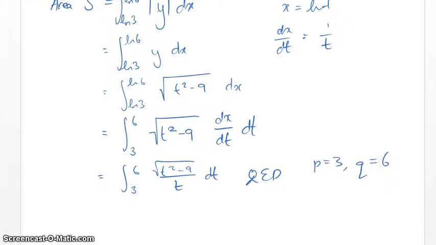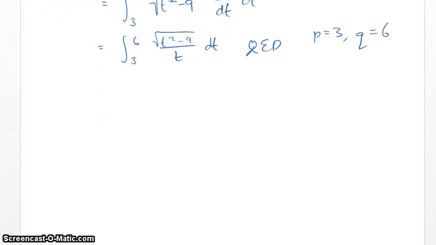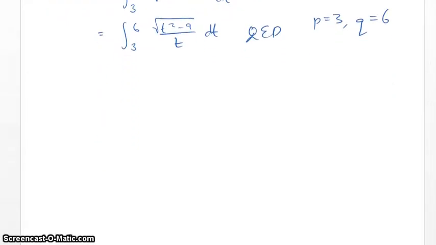So now we need to use another substitution, t equals 3 secant theta, to solve this. So let t equal 3 secant theta, then dt/d theta is going to be 3 secant theta tangent theta.